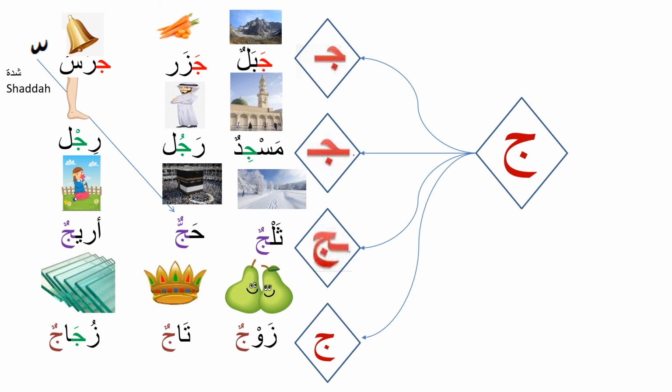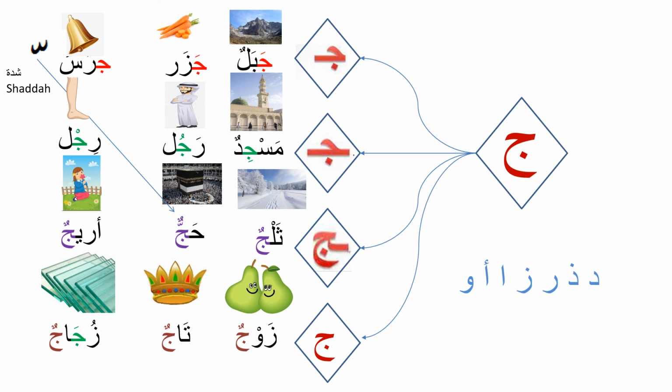We have the one in the green, which is Jeem in the middle of the word, and Jeem at the end of the word, Zujaj. And after the green Jeem, we are adding Alif to elongate the sound, so Zujaj. Okay, there is mad here. And Zujaj means glass.